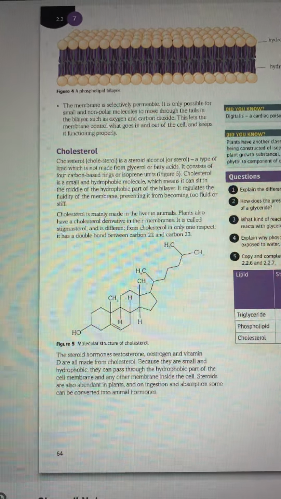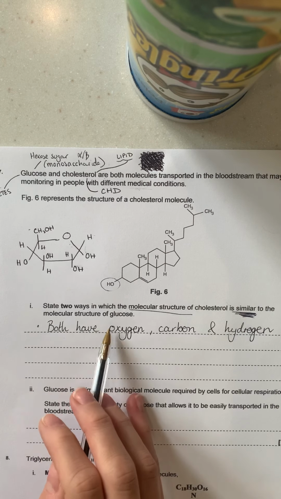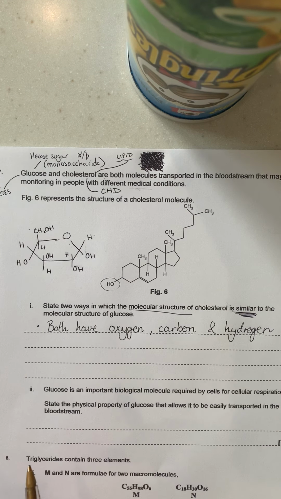Okay, the question asks you to state 2 ways in which these molecular structures are similar. As you can see, I've drawn it out so that I can visualize it a bit more clearly. They both have oxygen, carbon, and hydrogen. They're both made up of those 3 elements.